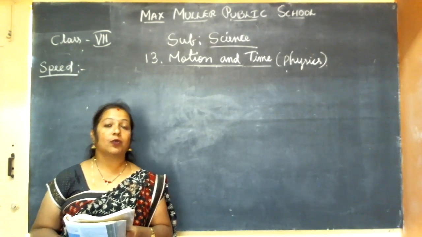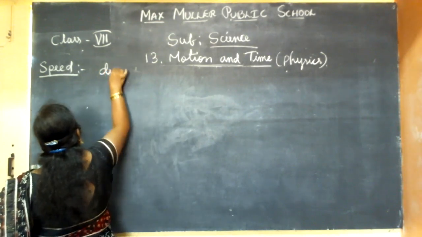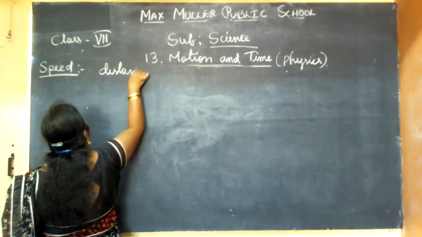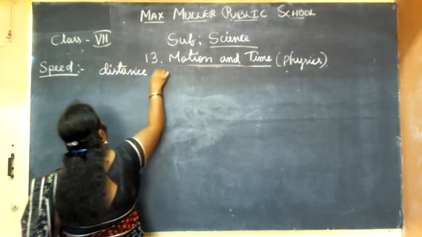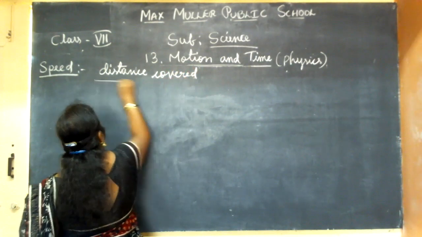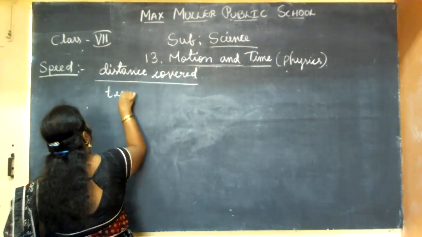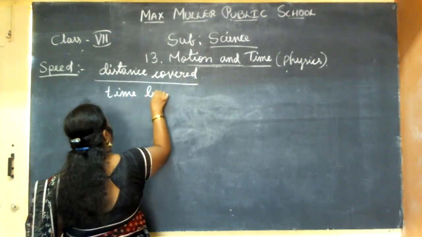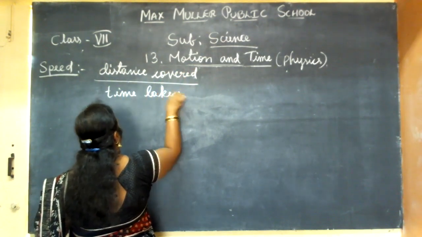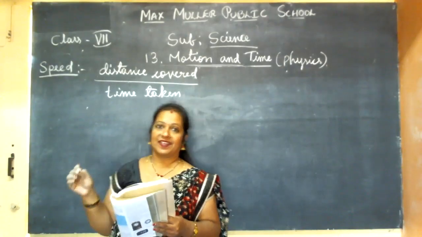To identify that, we will see the distance covered, and for that distance, how much time it has taken. This is what we consider as the speed of the vehicle.